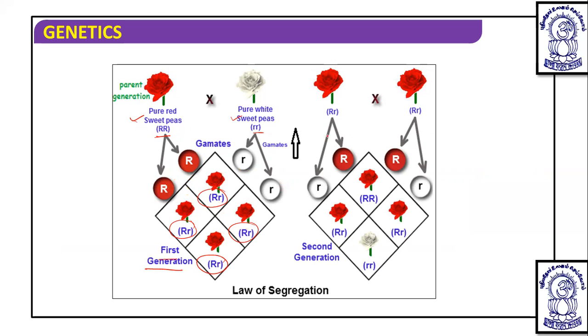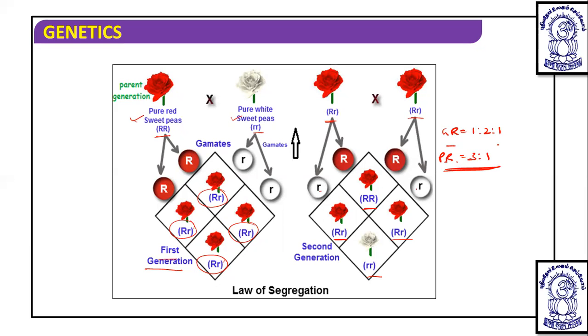But in F2, the capital R, small r fuses with capital R, small r, and capital R and small r gametes are produced. In the second generation, we find capital R capital R, capital R small r, and small r small r. So here also the genotypic ratio you can see is 1:2:1, and the phenotypic ratio is 3:1.